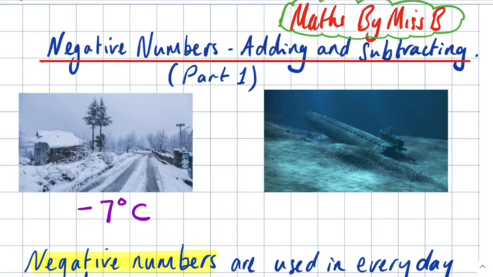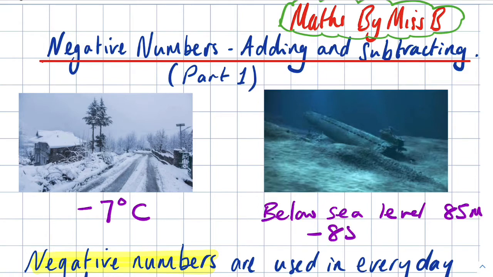We could say the depth below sea level is 85 meters, or we can actually write that as -85 meters. That's just the depth below.